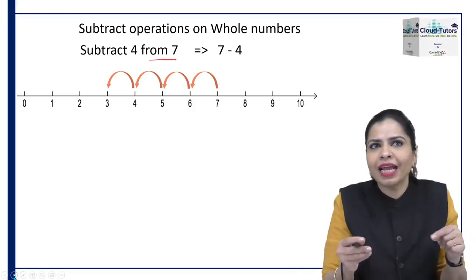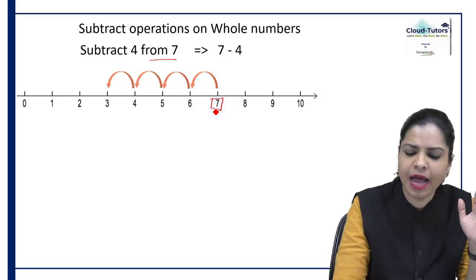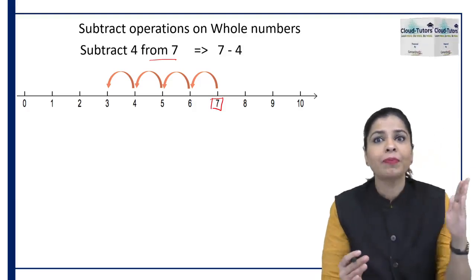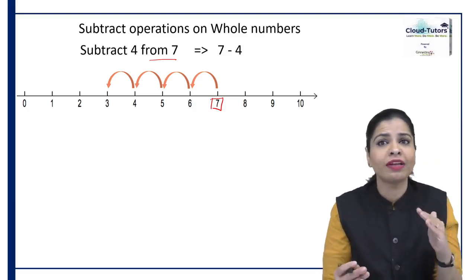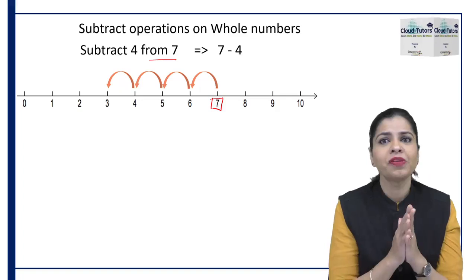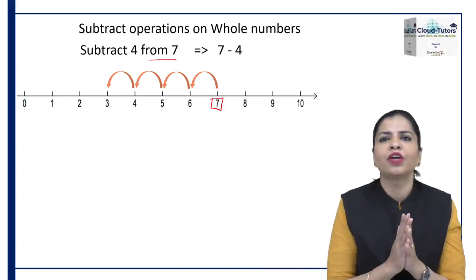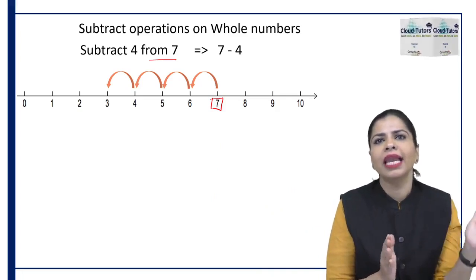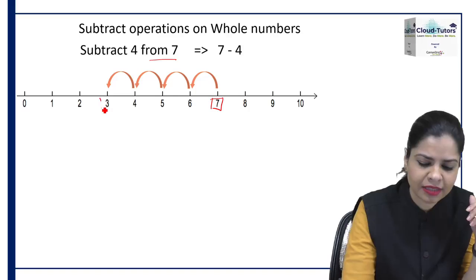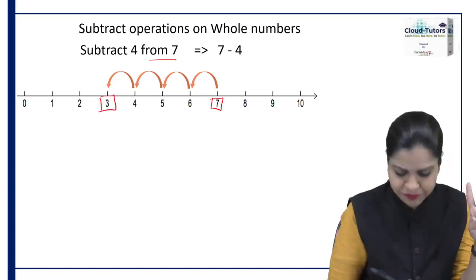So on the number line, from 7, I move backwards, to my left, because minus 4. Remember the tips that I had lined up for you? Whenever you have plus 4, you move to the right, and whenever you have negative 4, you move to your left. So when you move towards your left 4 times, the final answer that you get is 3.